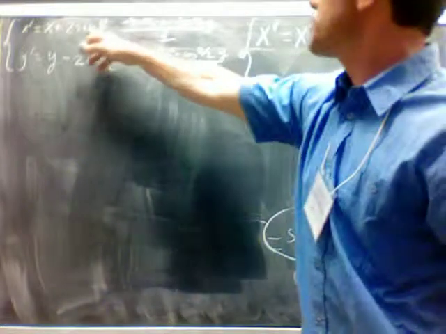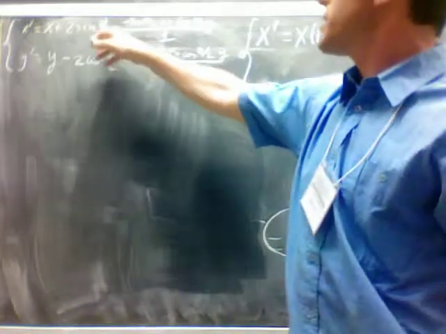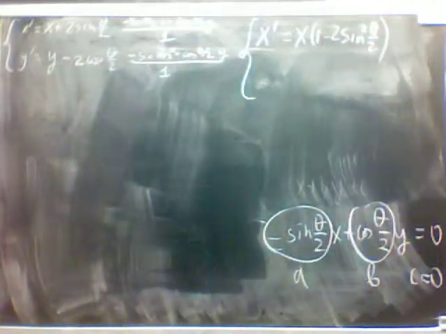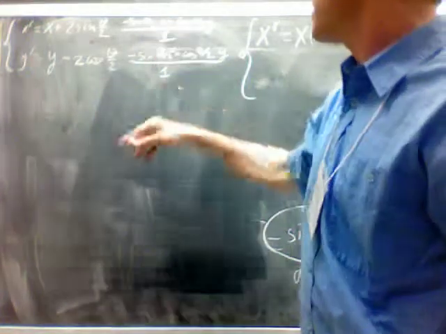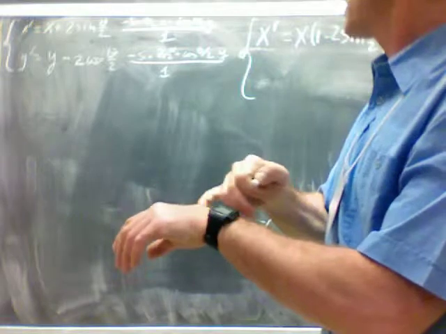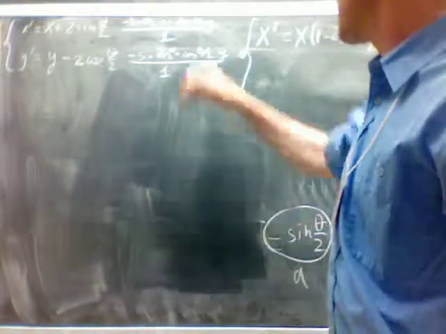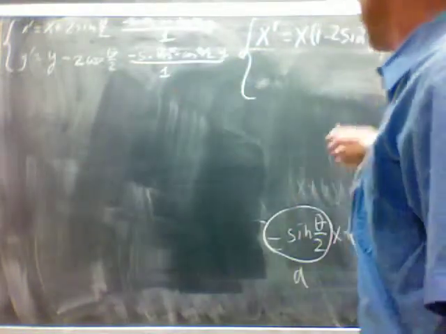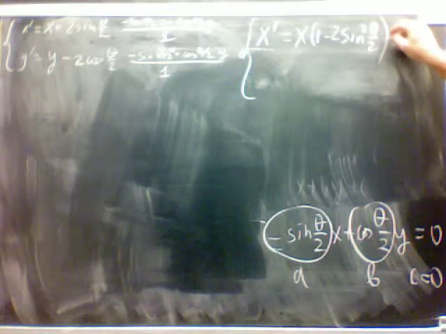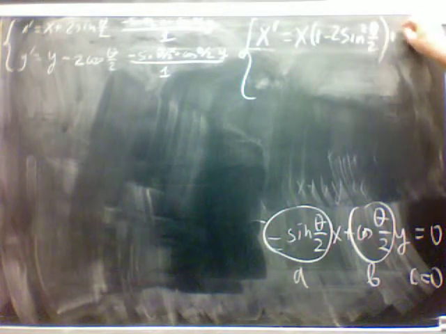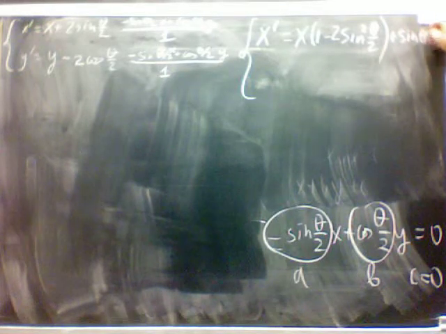And here we have 2 sine cosine, sine theta over 2 cosine theta over 2. Remember the formula for the double angle: sine of an angle times cosine of an angle, twice, is exactly sine of a double angle. So we have plus sine of the double angle theta times y.